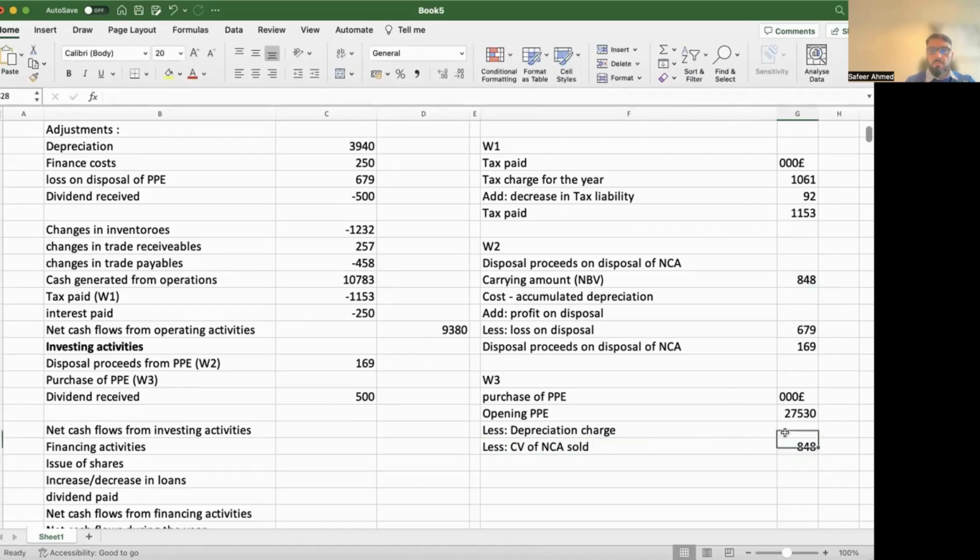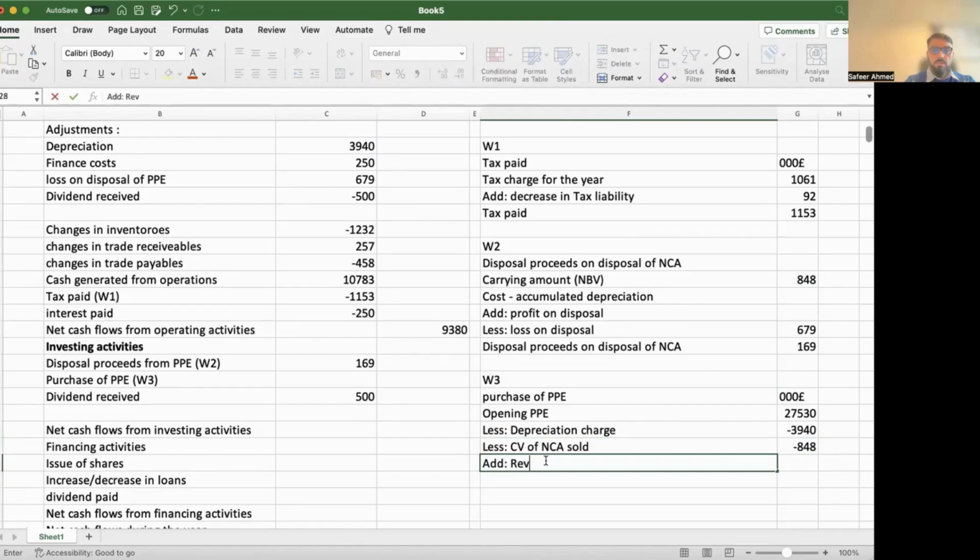And also depreciation charge, which is given to you as part of the further information, the one we have added back in our operating activities as well, which is 3940. And what else we do here? We add back if there is any revaluation surplus.